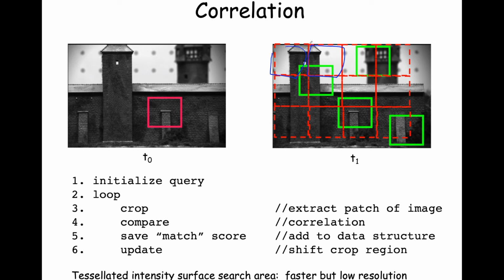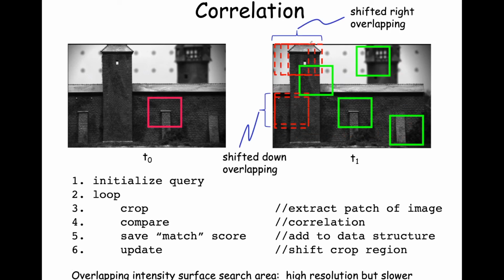Now that's going to make this search much faster, but it lessens our ability to find more precisely where that patch at t0 went within the image at time t1. That's more coarse resolution. So it's faster, but localization, the finding of that new location in the image at time t1, is not as precise. And so this non-overlapping tessellation is fast, but it gives us low resolution search.